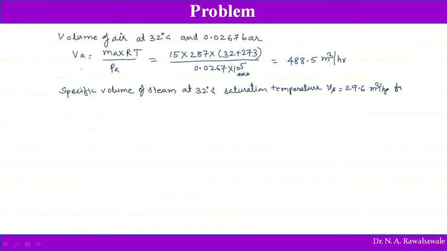Now the mass of steam Ms is equal to absolute volume divided by specific volume, which is 488.5 divided by 29.6. So approximately 16.5 kg of steam is lost along with the condensate.